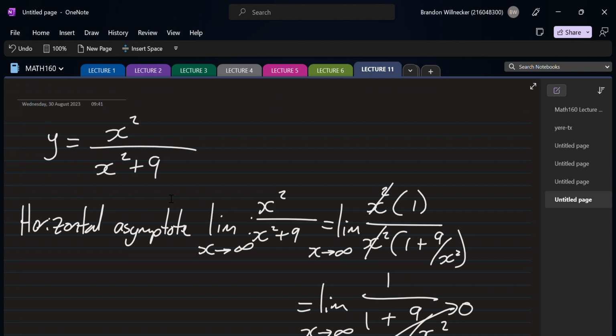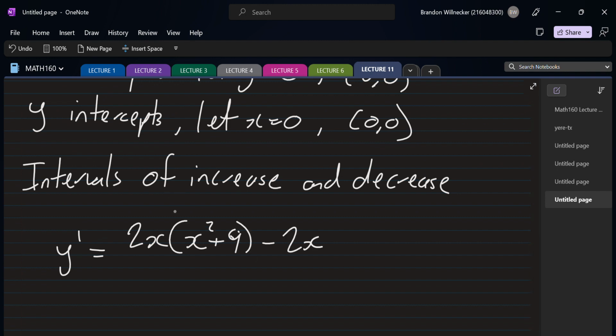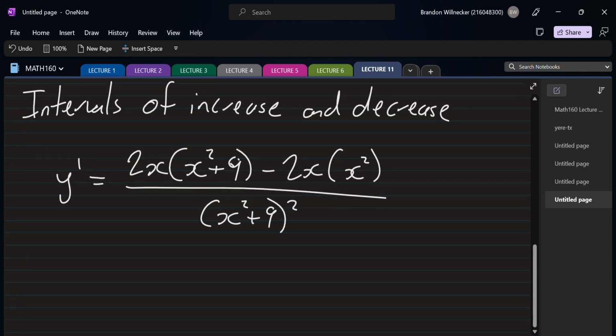Please use the quotient rule. So y prime is going to be 2x times x squared plus 9, minus 2x times x squared, all over x squared plus 9, and then we square all of that. Simplifying this, we get a 2x cubed minus a 2x cubed, so that goes away. Then we get a 2x times 9, so that will be an 18x.